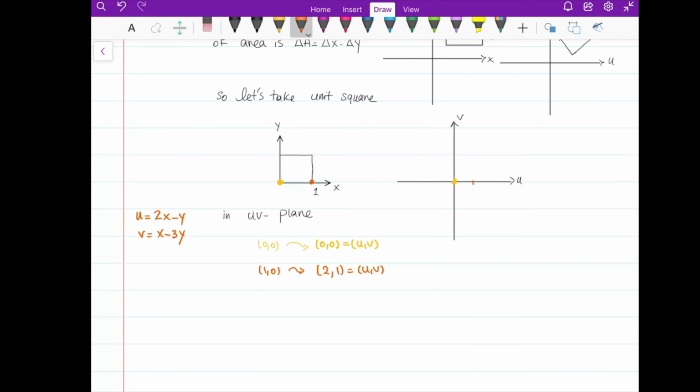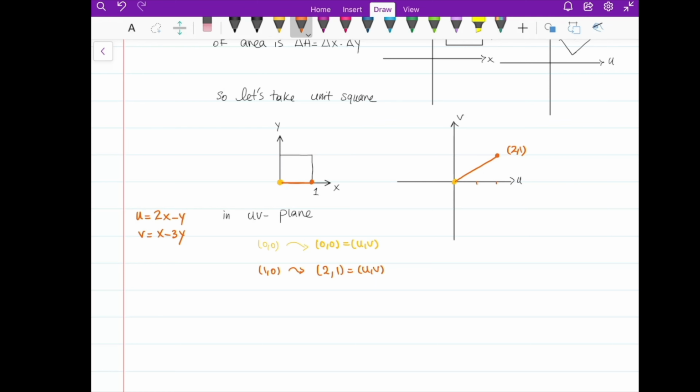Actually, let me make it a nice scale: 1, 2. So this is 2 and 1. Therefore, this side in here becomes this side in here.